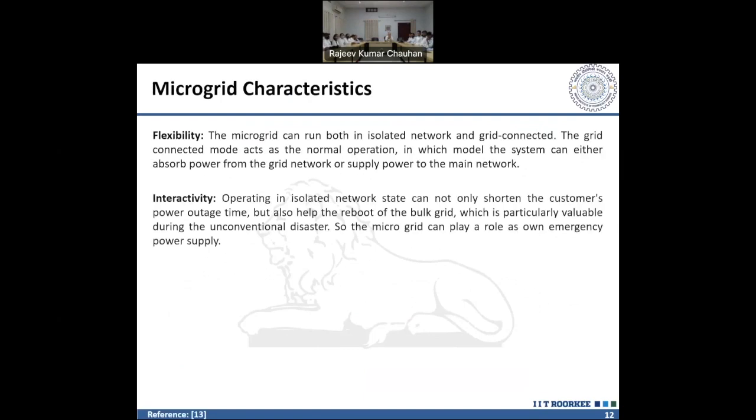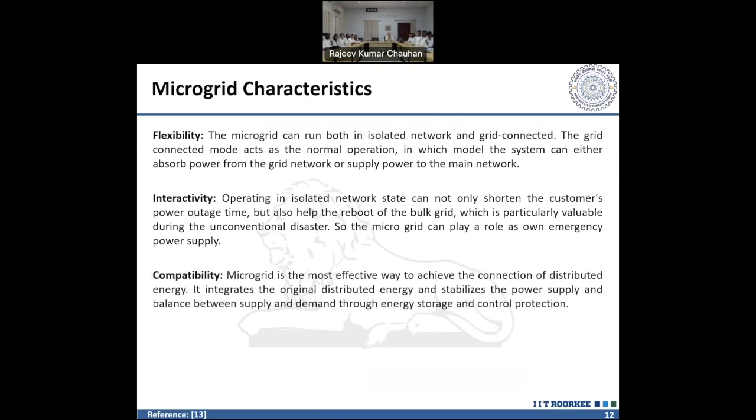So microgrids are flexible, interactive, and compatible. Flexible in the sense they can work in grid mode, and if the grid is not there, then also they can work. If one inverter is gone, the other inverter can supply.